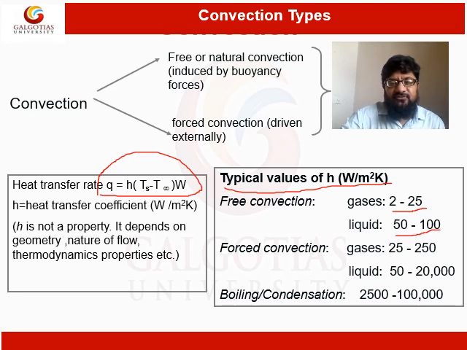So you can see that the heat transfer coefficient is higher in the case of liquids. In the case of forced convection, for gases the value is 25 to 250, and for liquids it is much larger than for gases. Also, in the case of boiling or condensation, it is very high.